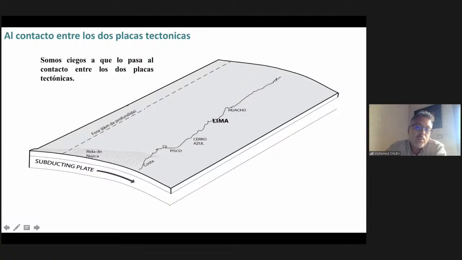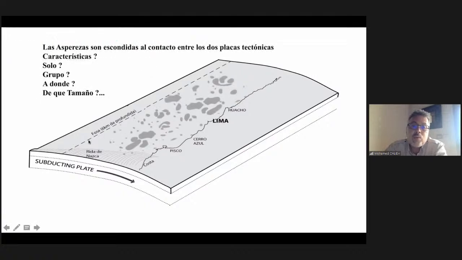The coast lies at about 200 here in Lima and about 100 kilometers near the Nazca Ridge. So in this area, we have a distribution of asperities that we don't know at the beginning, and we try to find where they are more or less located.